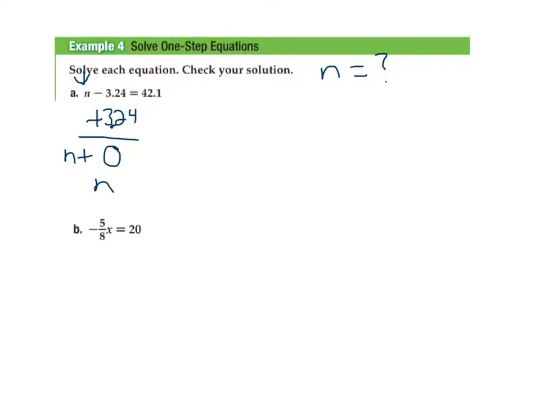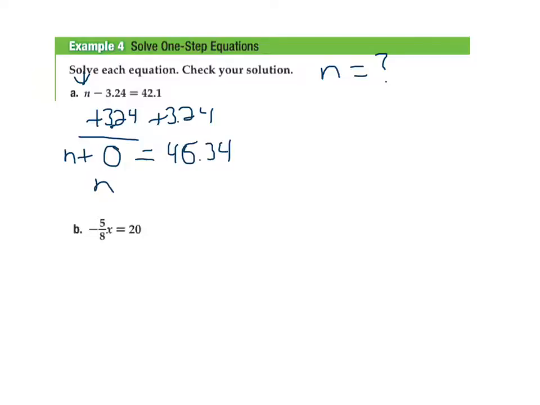But since we have to maintain equality between the left and right hand sides, since we added 3.24 to the left side, we also have to add 3.24 to the right. So 42.1 plus 3.24 is equal to 45.34.